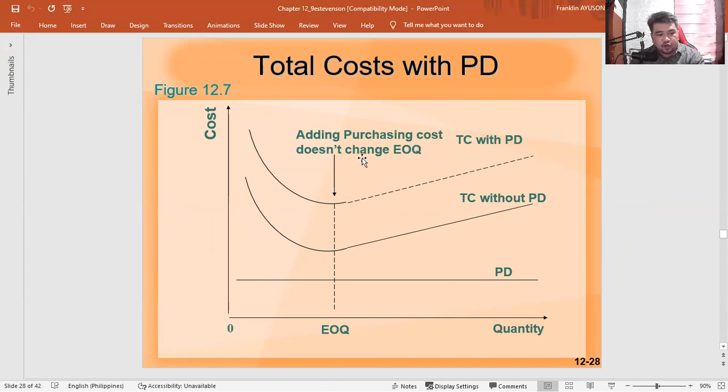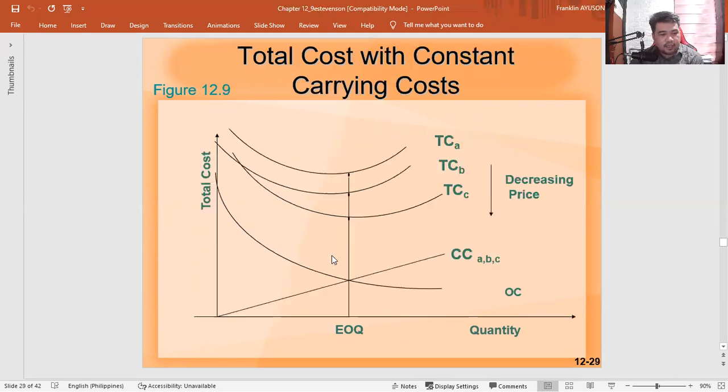Adding this purchasing cost does not change our EOQ, but this time we will achieve this broken line. This is the lowest possible cost with regards to quantity and cost to achieve economic order quantity. So production and order quantities, this is what we want to achieve.